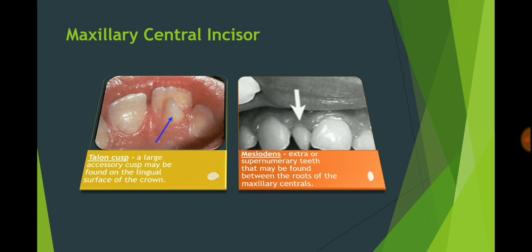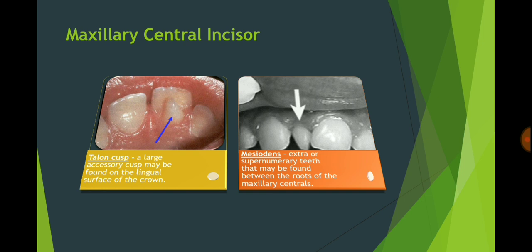So sometimes maxillary central incisors can have extra teeth. If there's an extra tooth between tooth number 8 and number 9, then you call it a mesiodens. Mesiodens are extra or supernumerary teeth that may be found between the roots of maxillary central incisors.